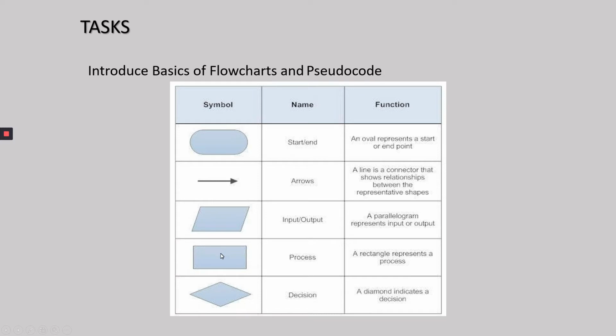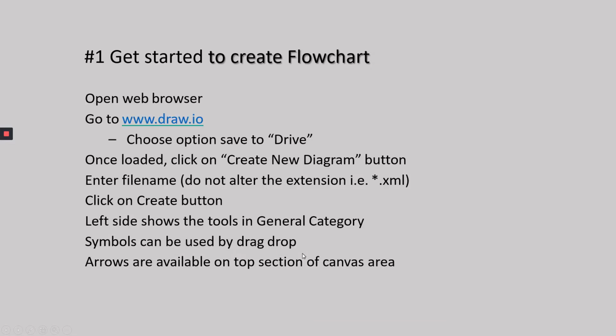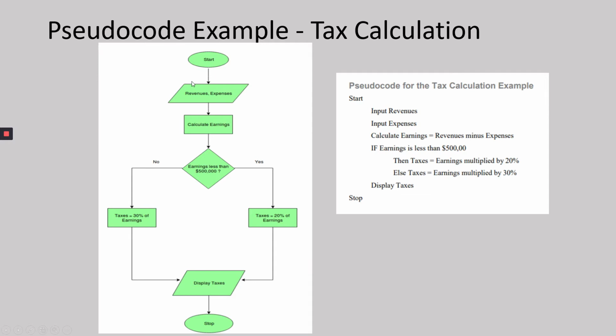The next one is the process. It is a rectangle, representing a calculation or whatever. Let's say we just talk about the input. After input, we need to do some data processing on the data we just took in. In order to do that, we use a rectangle to calculate the earnings. In this rectangle, it says that we use revenues minus expenses.